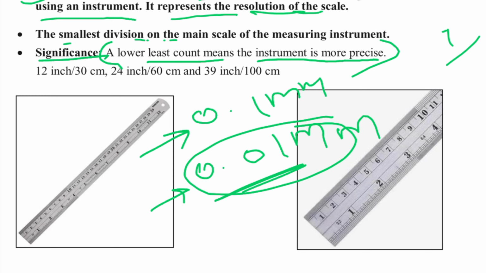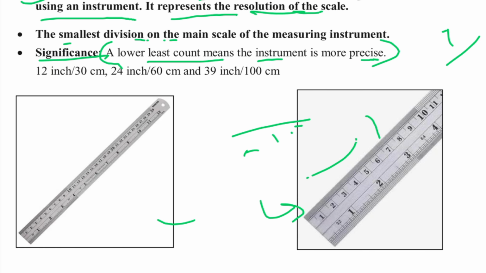More precise means it can give you an accurate measurement of an object, because it has a lower least count as compared to the first one, right? So this is the significance of least count.